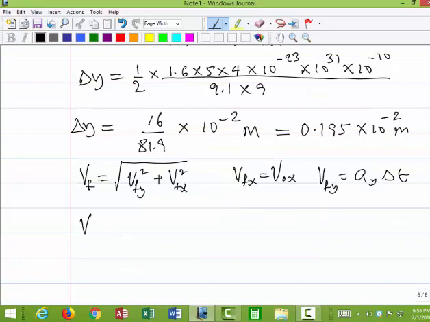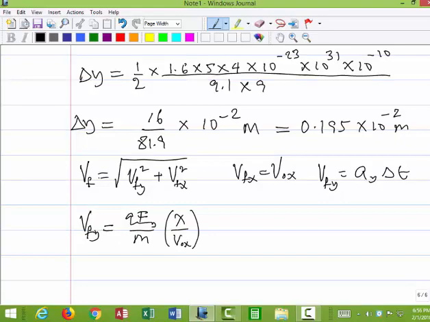So what is V final y? Our formula was QEy over M multiplied by delta T, which is X over V naught x. With this formula, we can find V final in the Y direction. We have Q, which is negative 1.6. Remember, the negative sign comes in here, so the deflection is in the negative direction for delta Y, because the charge is an electron.